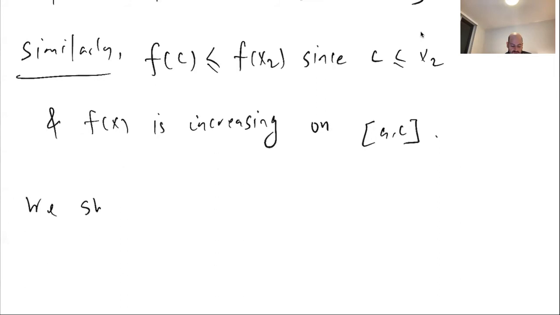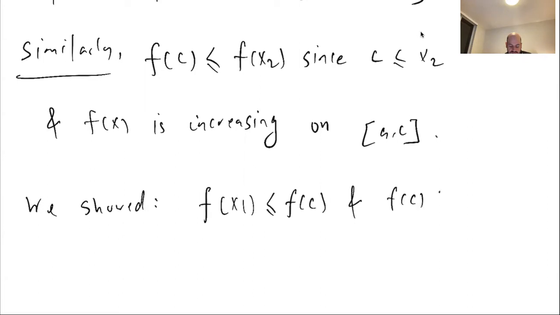We showed f of x1 is less than or equal to f of c, and f of c is less than or equal to f of x2. So by the property of inequalities, how can I combine these two? What can I conclude? f of x1 is less than or equal to f of c, which is less than or equal to f of x2. So this of course implies that f of x1 is less than or equal to f of x2.